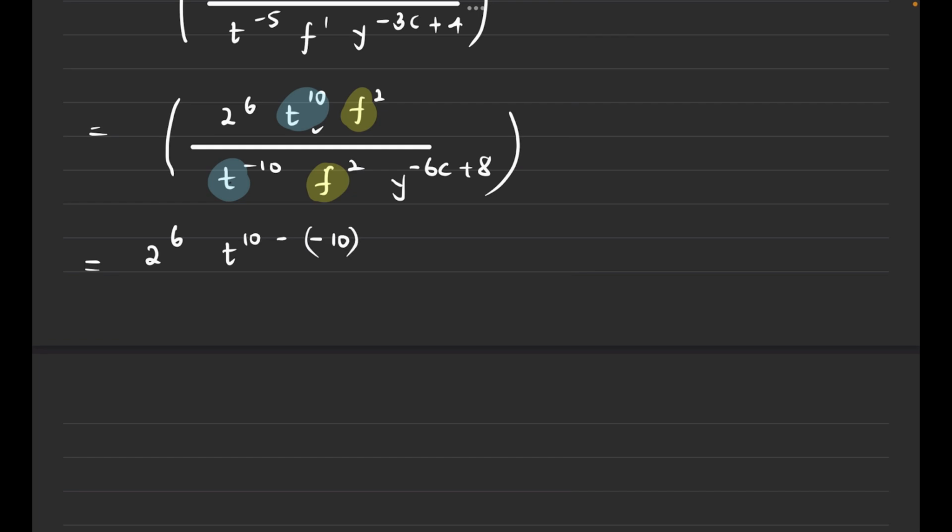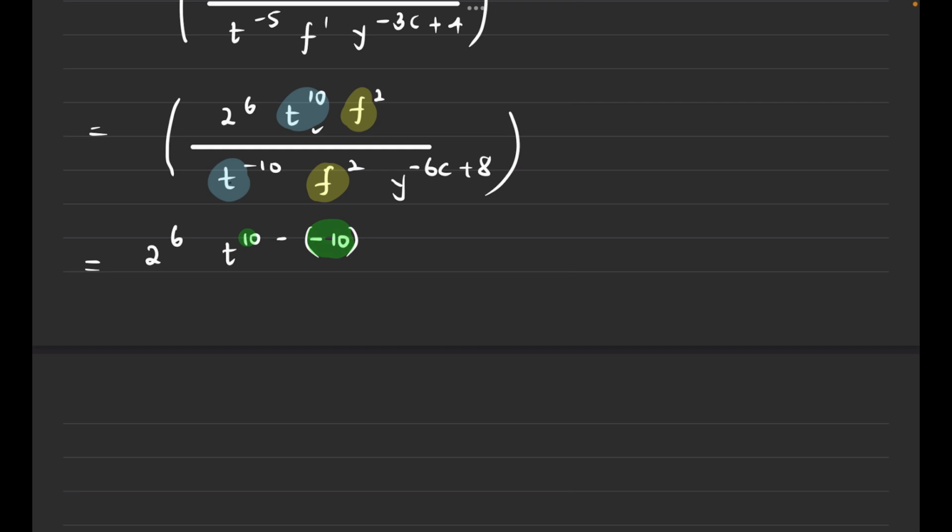So now I'm using the quotient rule on t to the 10 and t to the minus 10. So what I'm doing is that I'm going to subtract the exponents, and of which, as you guys can see, this exponent was the one that was on top. This one was the one that I had underneath. You know what I'm saying?